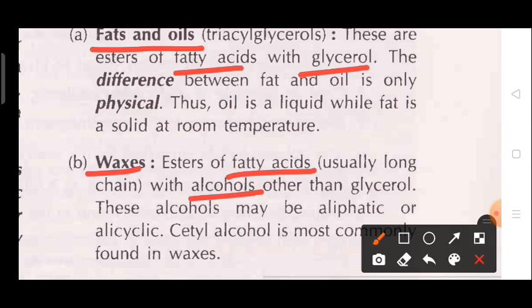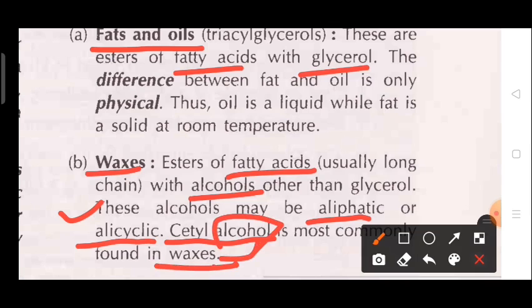This is the difference between fats and oils and waxes. These alcohols may be aliphatic or alicyclic. Cetyl alcohol is most commonly found in waxes.